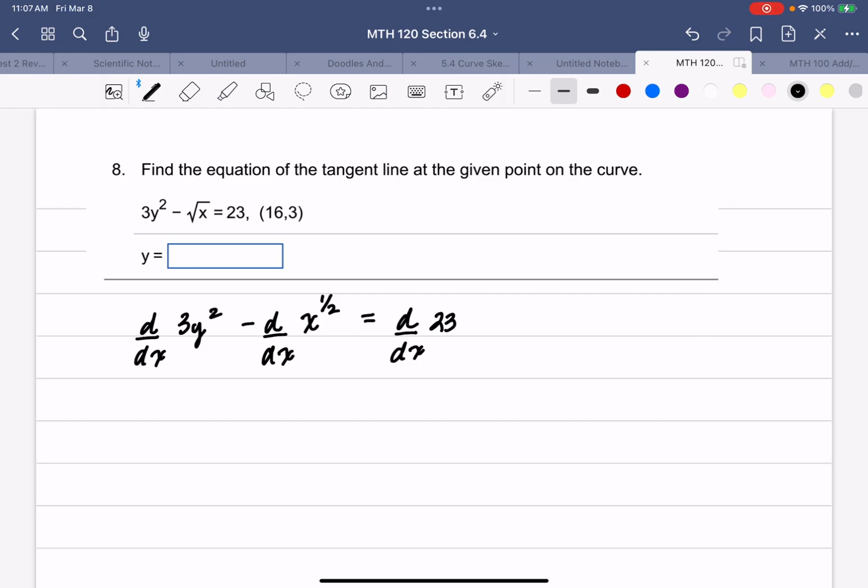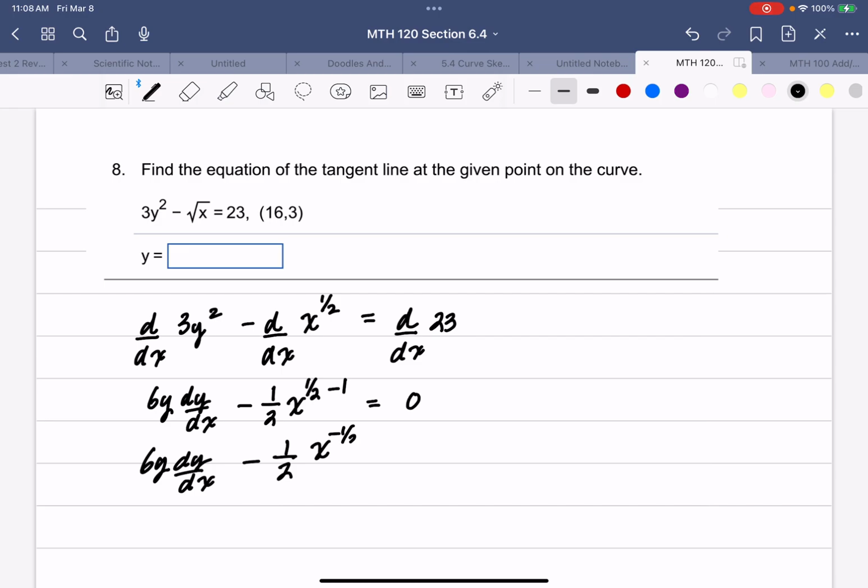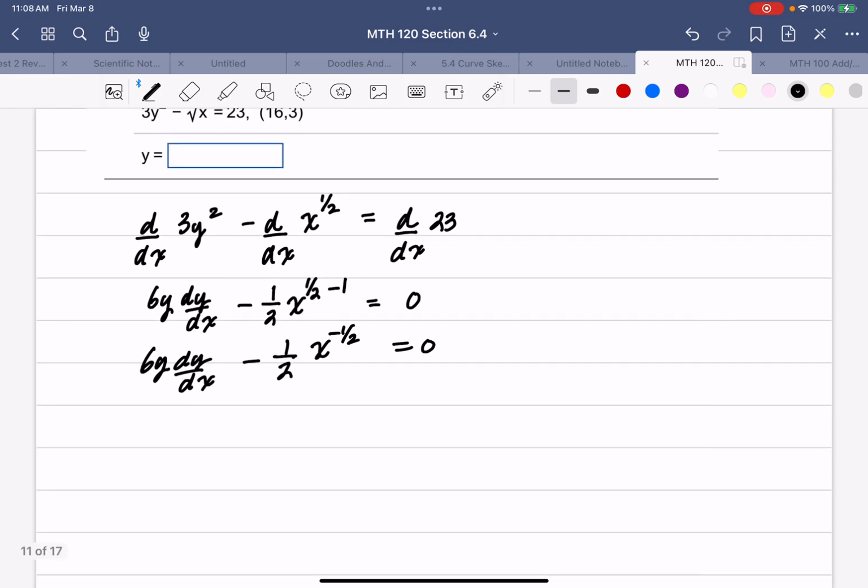For this first term, the derivative of 3y squared will be 6y, and the derivative of y is dy/dx, minus the power times the base to the power 1/2 minus 1. And then, of course, the derivative of a constant is 0. So 6y dy/dx minus 1/2 x to the negative 1/2 equals 0.